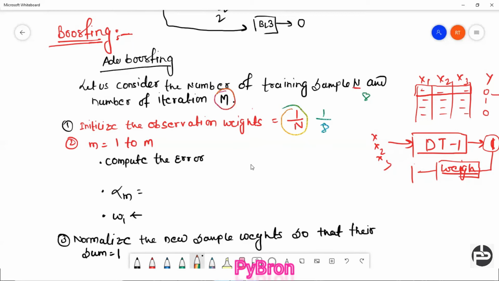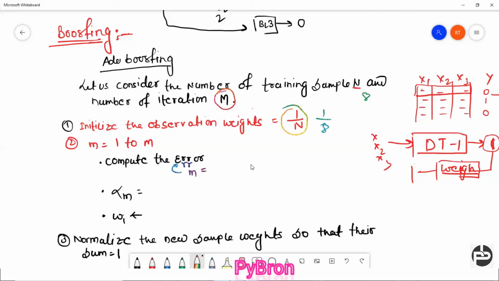Now in the second step, we are going to calculate the error. How are we going to calculate the error? With this formula, guys. The error at iteration m, error at iteration number 1, error at iteration number 2.